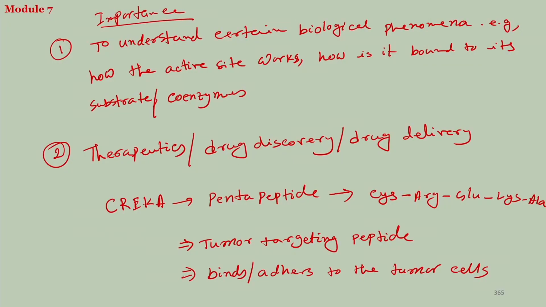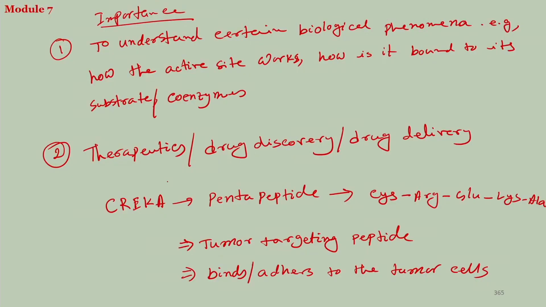So, as I was saying, if you want to take a drug specifically to tumor cells, there are not many ways. It also goes to the normal cells and kills the normal cells. Now, if this peptide only binds to the tumor cell, then the advantage is, if you conjugate a drug here, or attach a drug along with this, then what will happen?